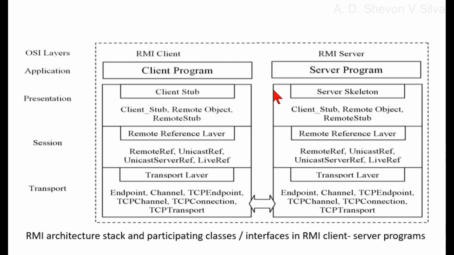Before a client can use a remote service object, the remote object must be instantiated on the server and exported to the RMI registry. The RMI server program will bind the remote service with the RMI registry.